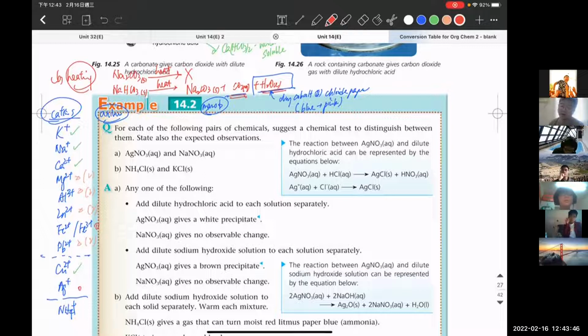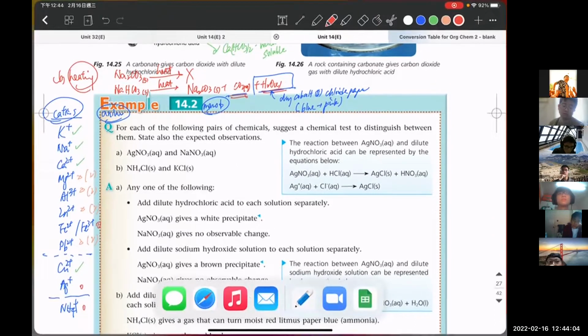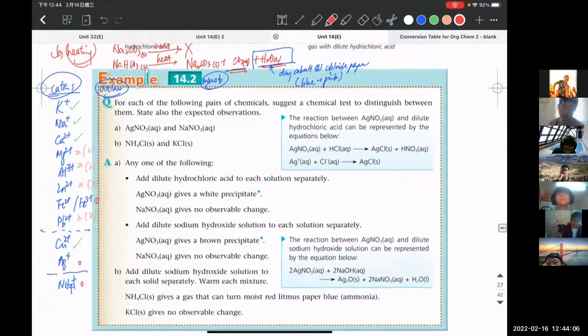How about ammonium compound? Is it easy? It's also easy. Why? If I add NaOH to it, what will happen? Do they have any PPT? No. There will be no PPT, but I warm it. What will happen? They will form ammonia.